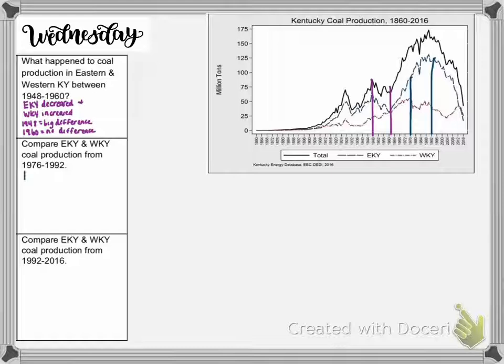So eastern Kentucky increasing at a rapid rate. Western Kentucky decreasing at a slower rate.